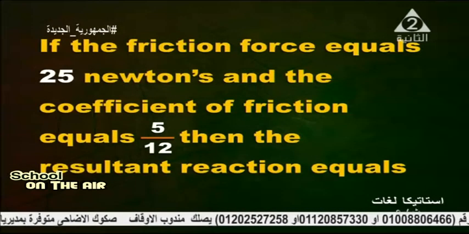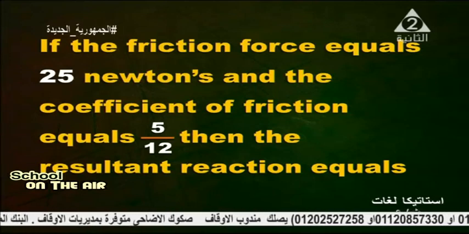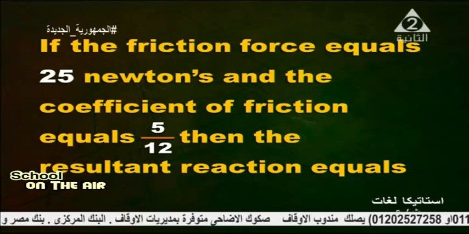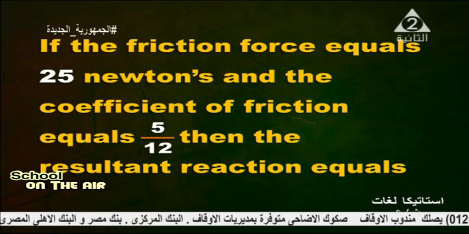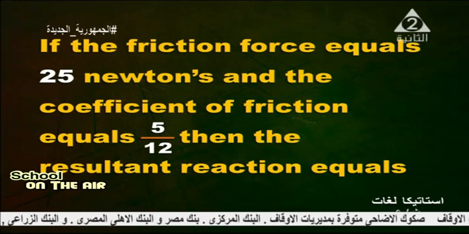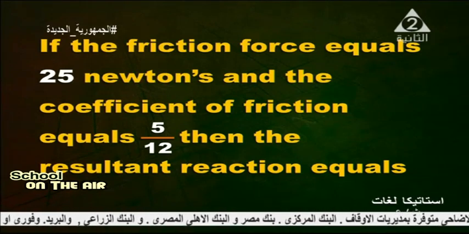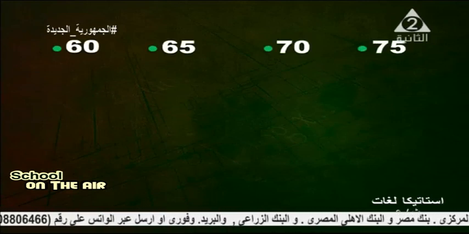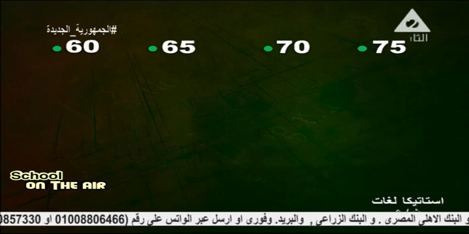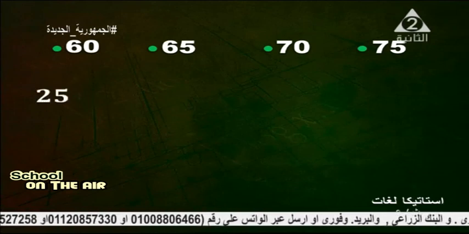My dear student, if the friction force equals 25 Newton and the coefficient of friction equals 5 over 12, then the resultant reaction equals, choose the correct answer: 60, 65, 70, and 75.